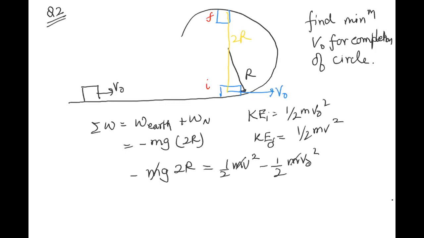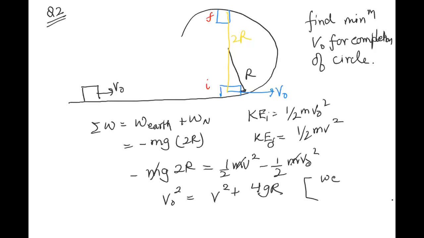M cancel हो गया. V naught square is equal to V square plus 4gr. Right? मैंने बस rearrange कर दिया है.